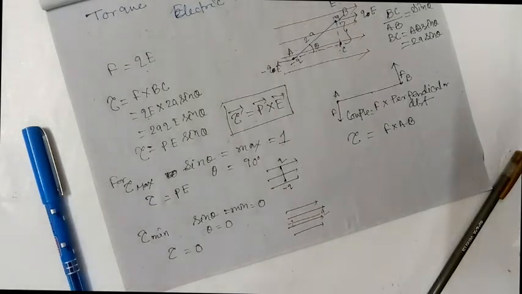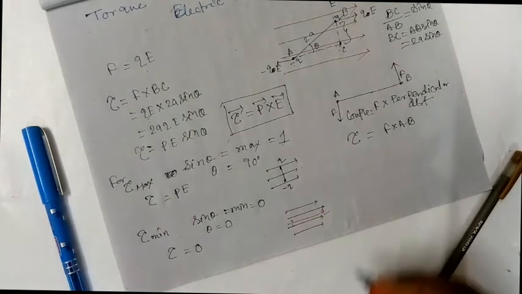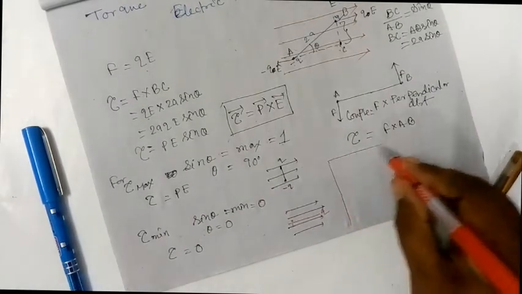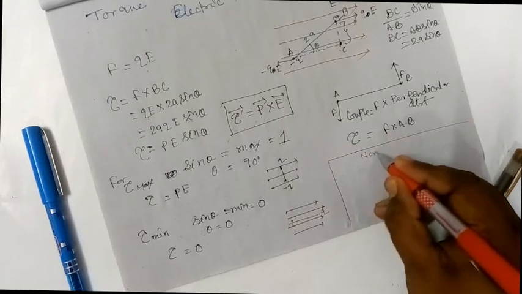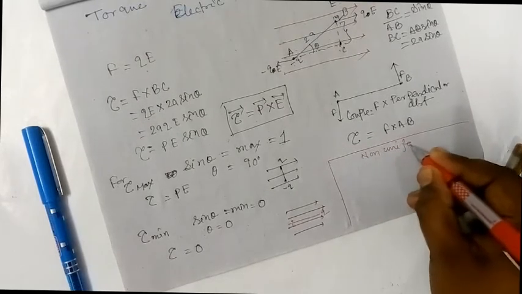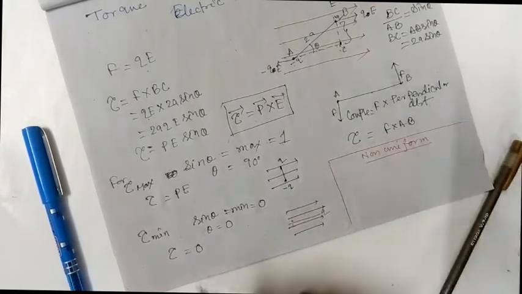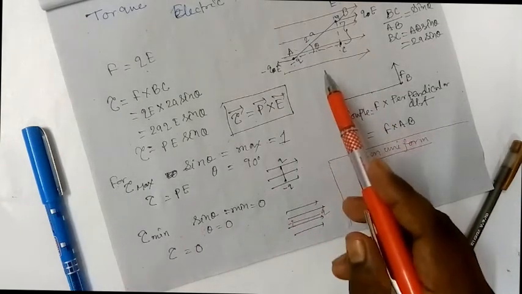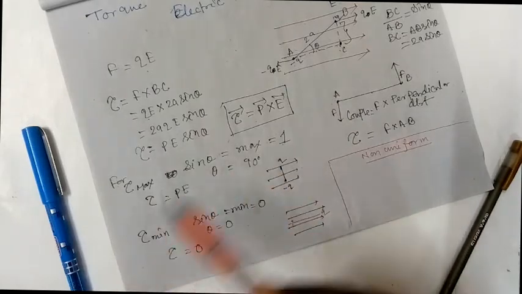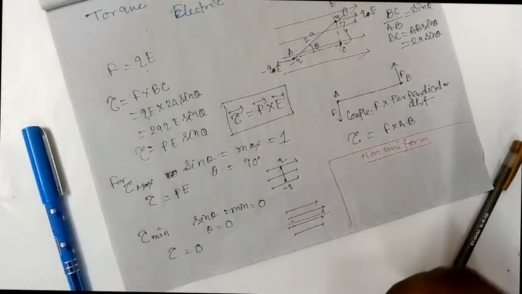Instead of a uniform electric field, assume the electric field is non-uniform. What will happen? Simple thing: in a uniform electric field, the same force is applied at two points, and that's why the dipole is rotating.